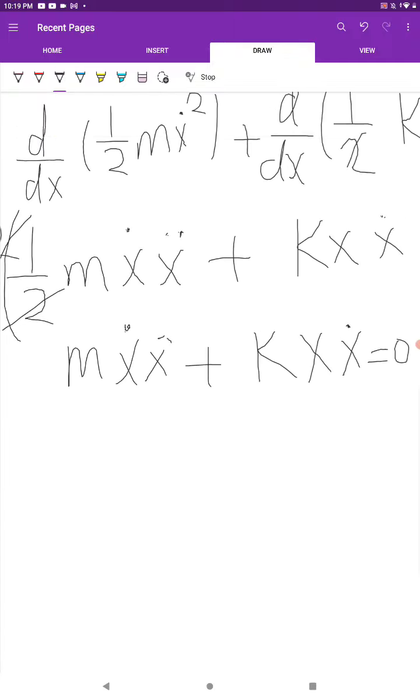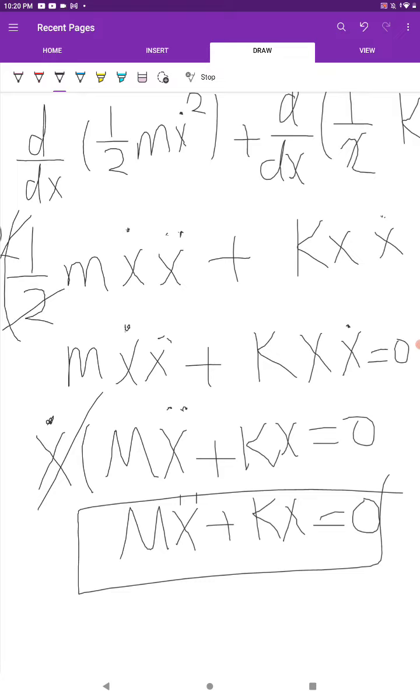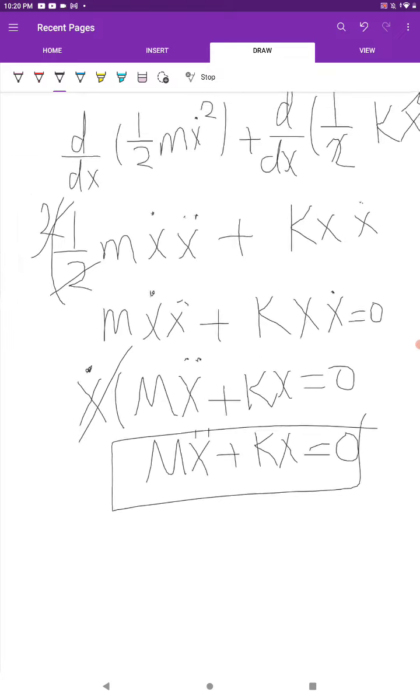Now we factor out x dot. We're gonna be left with mx double dot plus kx equals 0. We ignore this part, so mx double dot plus kx equals 0 is the equation of motion using the principle of virtual displacement.